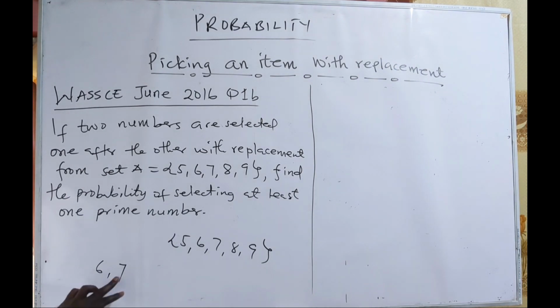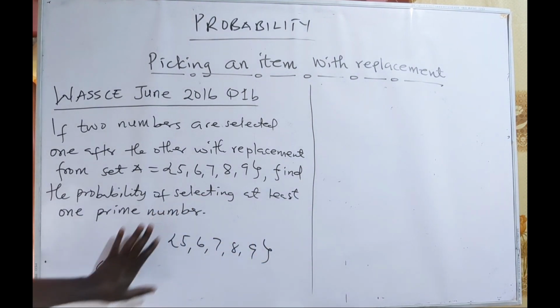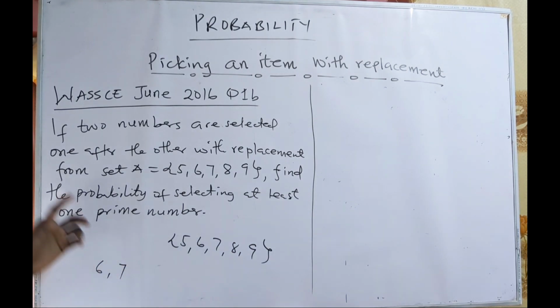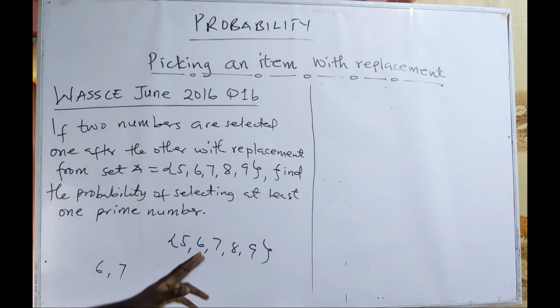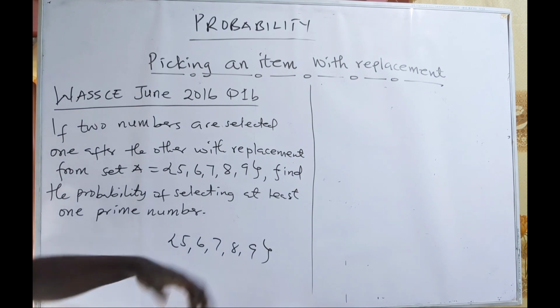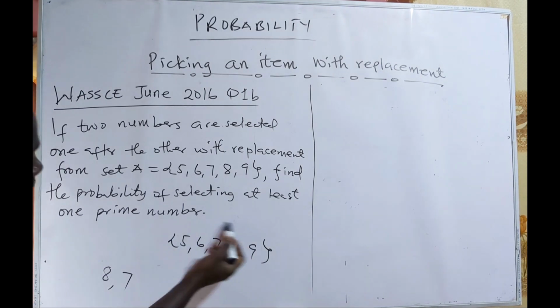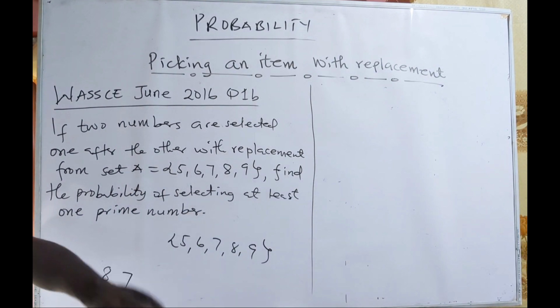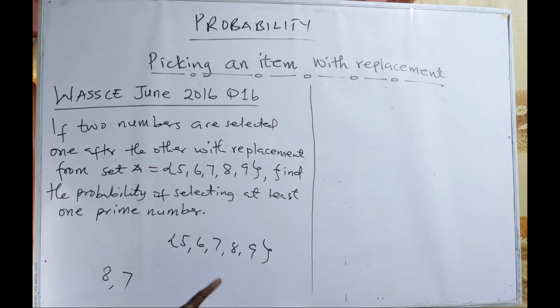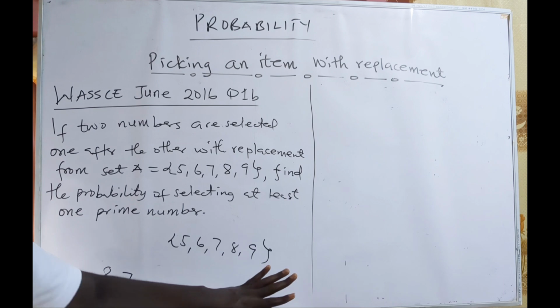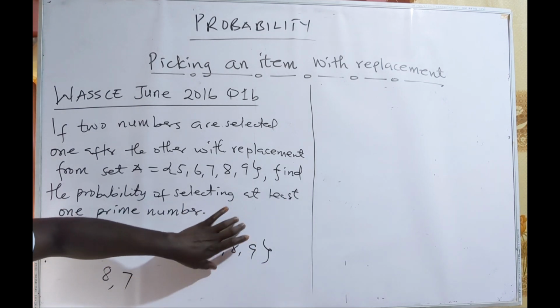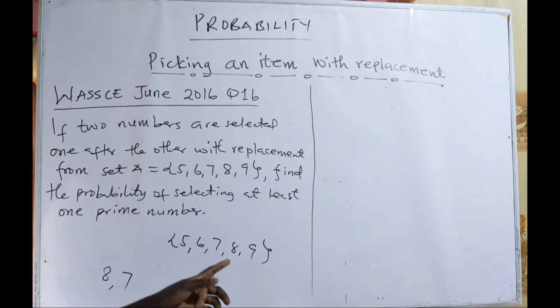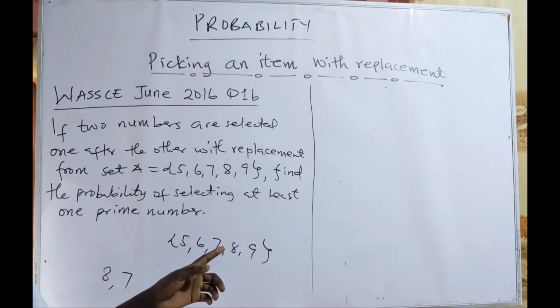So you realize that if you want to know all the possible outcomes when selecting two numbers with replacement, it is the same set I make my first selection from, and the same set I make my second selection from, because I replace the number, so it will be the same set again.